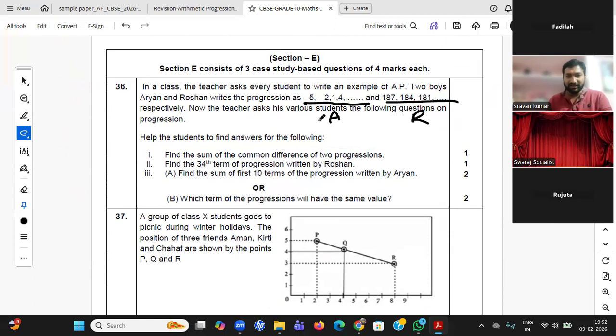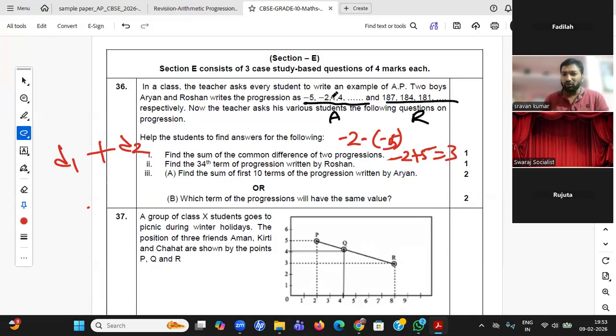Now the teacher asks the students to find the following. Find the sum of the common difference between the two progressions. If I take this common difference as D1 and this one as D2, he just asked D1 plus D2. What is the common difference here? Minus 2 minus of minus 5, which is nothing but minus 2 plus 5, 3.